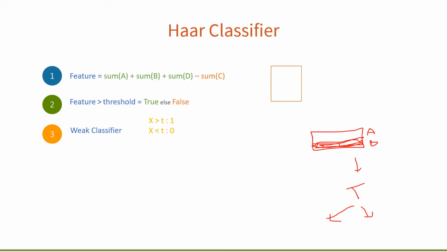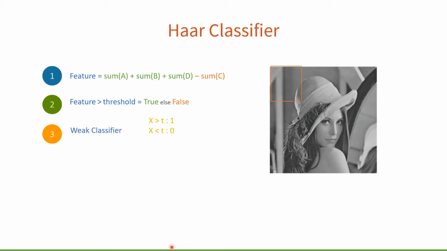But how does it work? Yes, it works. Instead of having only one condition, if you have thousands of conditions, not only one Haar classifier but a lot of classifiers, this works. That's a miracle. So how does it work? This is an image and you are applying a sliding window.